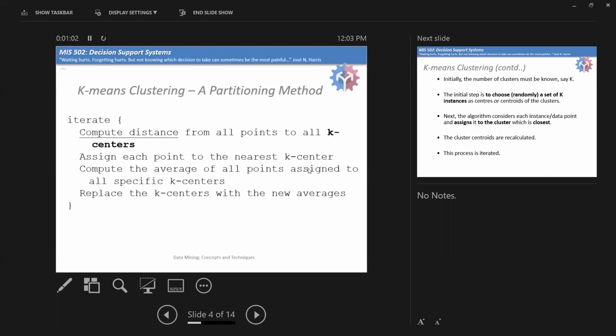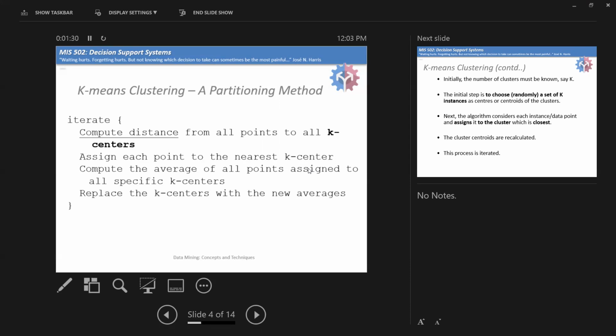So how does it work? I think you should be able to understand all these lines now with your concepts already well made. So compute distance from all points to all k centers. Is it understandable? You know what distance means? Distance between 2 points. How do you measure distance between 2 points?